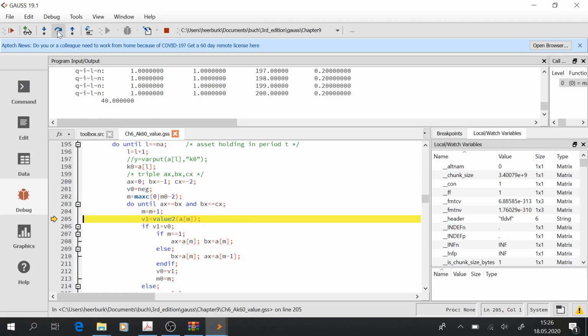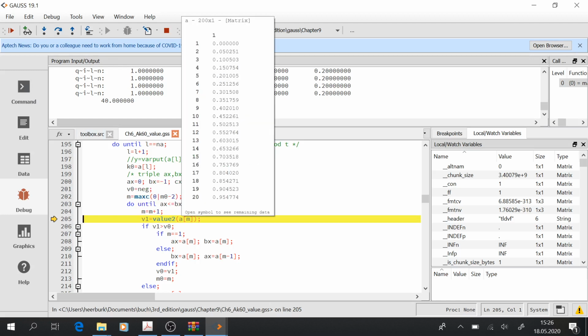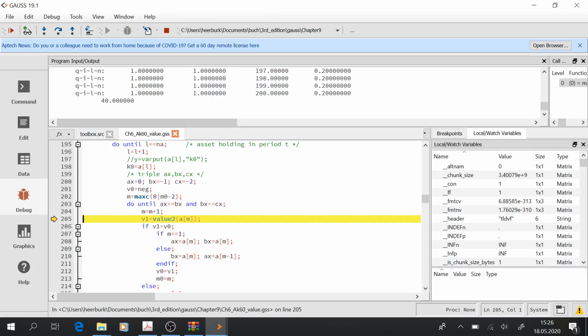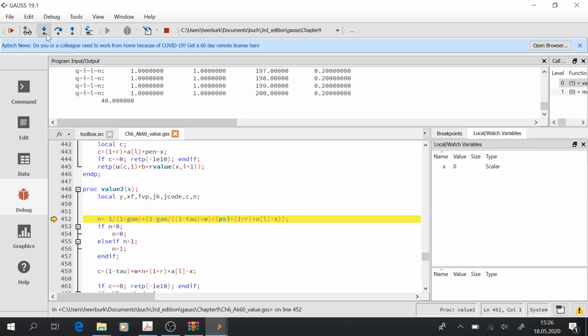And then we compute the right-hand side of the Bellman function at this point k0 equal to 0, and next period wealth equal to 0. So let's go into the right-hand side of the Bellman equation here.